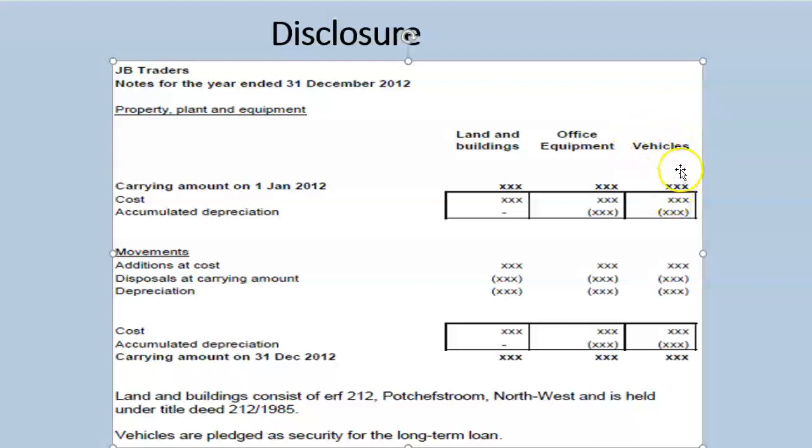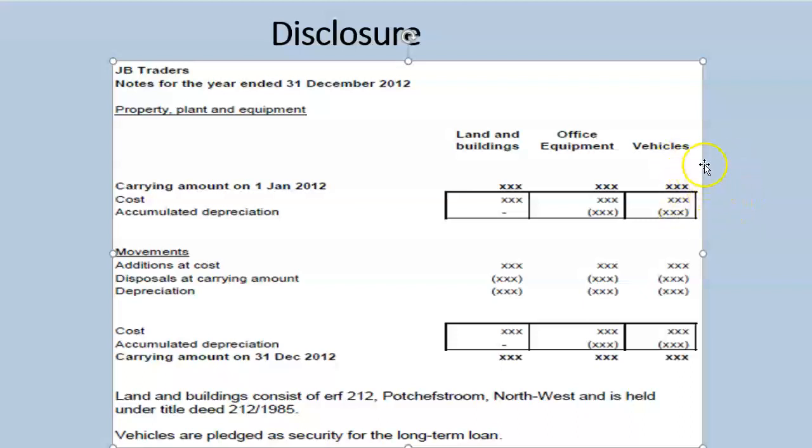So, although I can write off the trailer, let's say, over 5 years, and the horse part of the truck, the one with the engine, let's say over 10 years, I am going to work out different depreciation charges for the horses as well as the trailers.